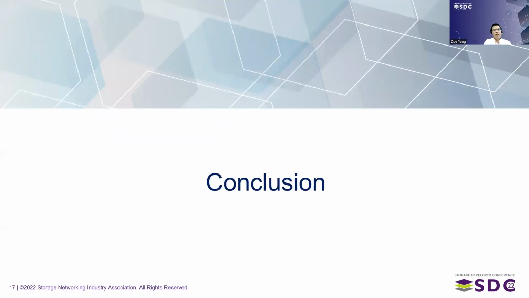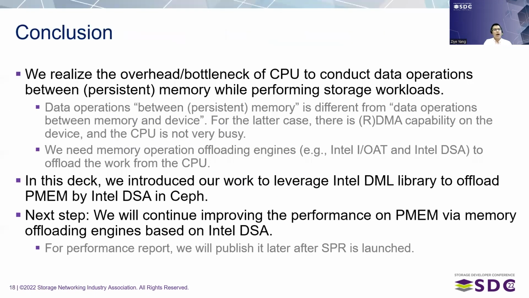And finally, this is the conclusion part. In this presentation, we realize the overhead or bottleneck of the CPU in conducting data operations with persistent memory while performing storage workloads. Data operations between memory and persistent memory are different from data operations between memory and a device.